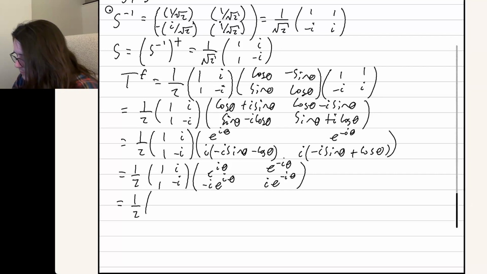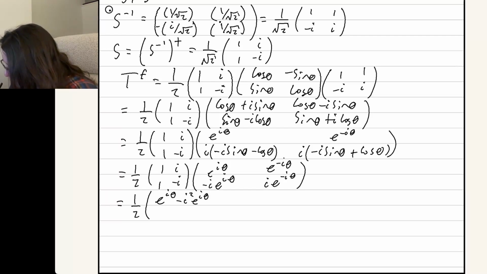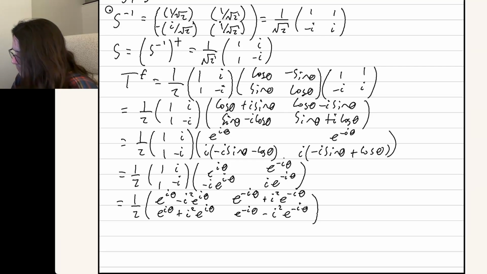Now I'm going to multiply the two matrices together. So we have e to the i theta minus i squared e to the i theta, and then e to the i theta plus i squared e to the i theta, e to the minus i theta plus i squared e to the minus i theta, and then finally e to the minus i theta minus i squared e to the minus i theta, right?